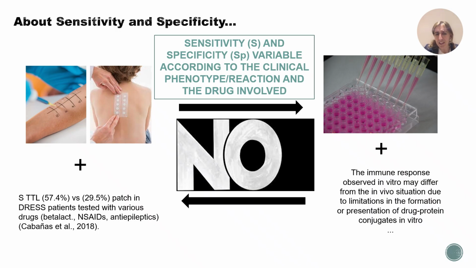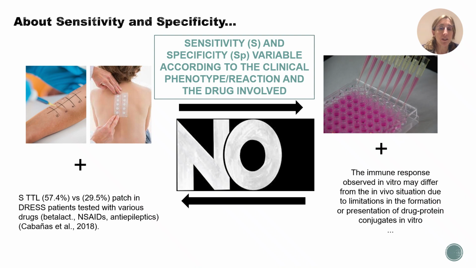So the immune response observed in vitro may differ from the in vivo situation, given elimination and the formation and presentation of drug protein conjugates in vivo, etc. So it's important to keep in mind these possible discrepancies between tests.